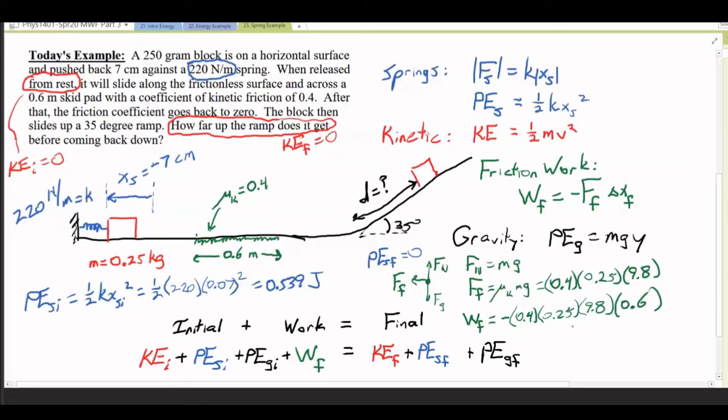And if we calculate all that out, we get work due to friction. So 0.6 is my skid distance, 0.4 is that. So this is minus 0.4 times the mass times 9.8 times the distance.